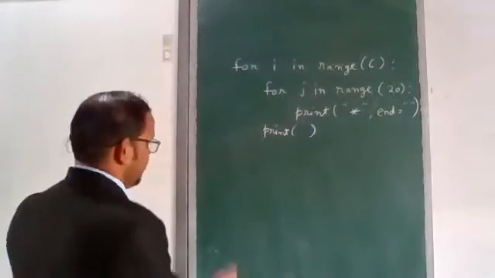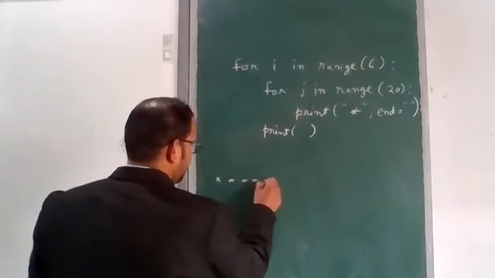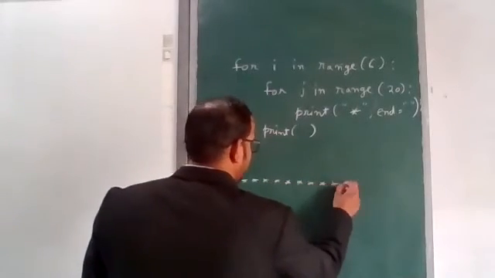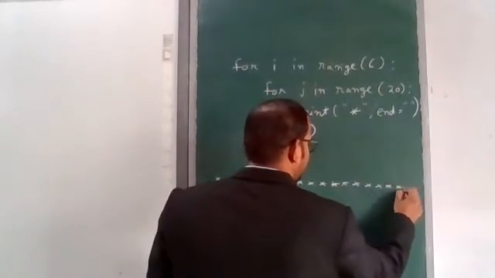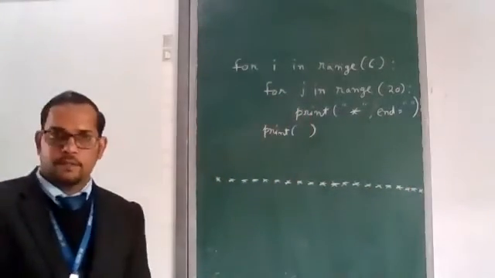Your question is just like this: 1, 2, 3, 4, 5, 6, 7, 8, 9, 10, 11, 12, 13, 14, 15, 16, 17, 18, 19 or 20. 20 stars in a row.